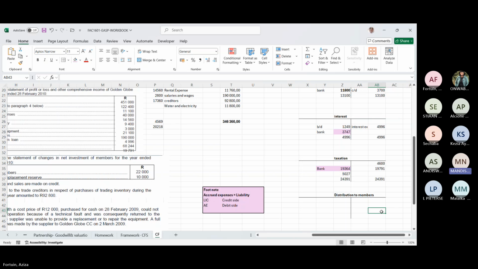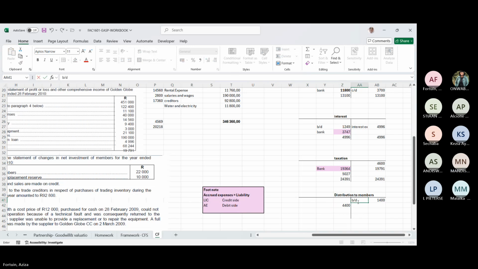Is it not 3,000, ma'am? 3,000. Who got another number? How did you get 3,000? You put the 1,400 there, and you put the 4,400 there.